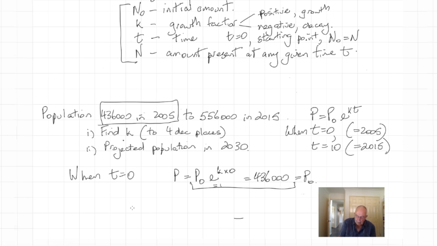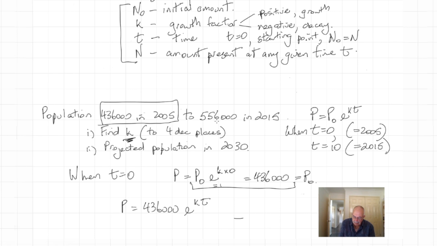So now we can go back and quote our rule again. We're trying to find k. So we've got P equals P0, which we now know is 436,000, e to the kt. So that's our model. We have only used one of the bits of information. We haven't used this yet.